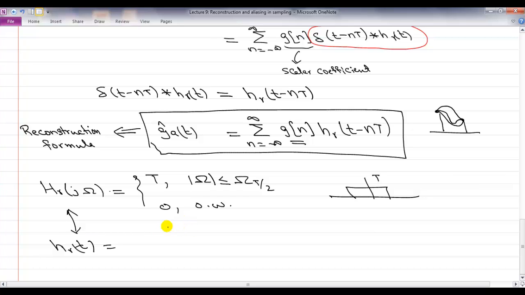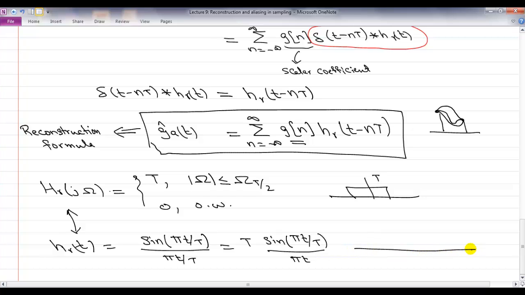Your hr of t looks like sin(pi t over capital T) over (pi t over capital T), or sometimes you will see it written as T sin(pi t over capital T) over pi t. If you plot it, it looks like this function.